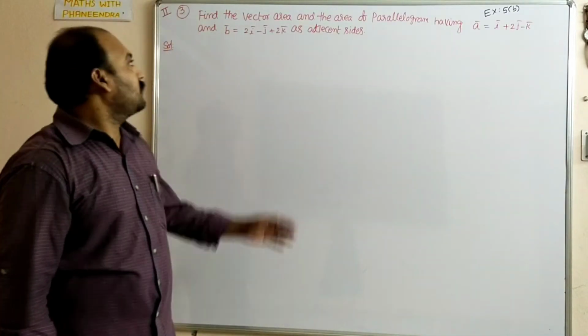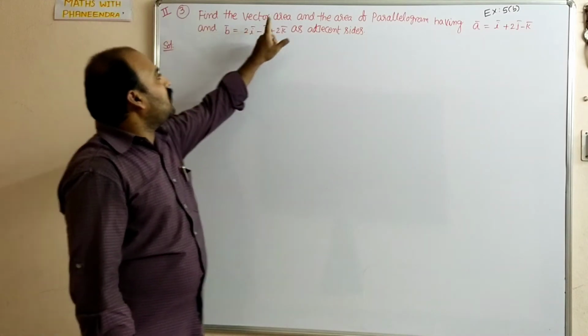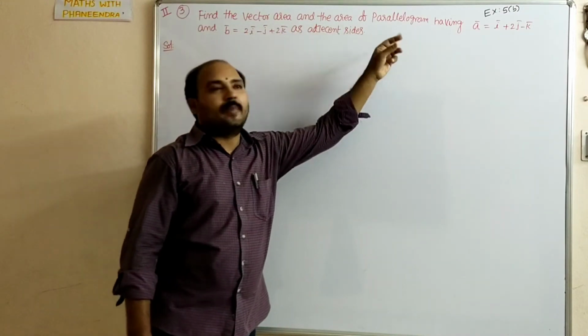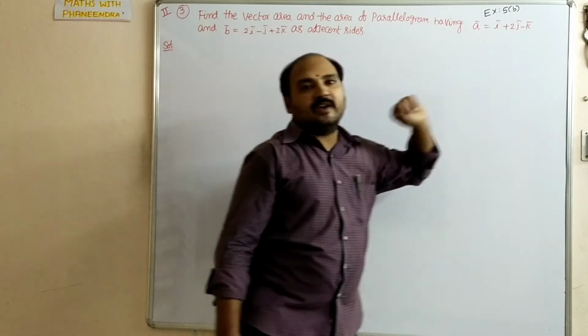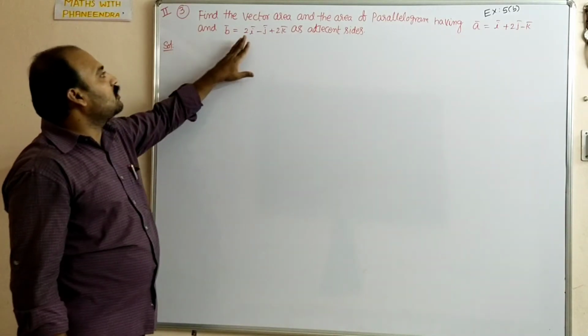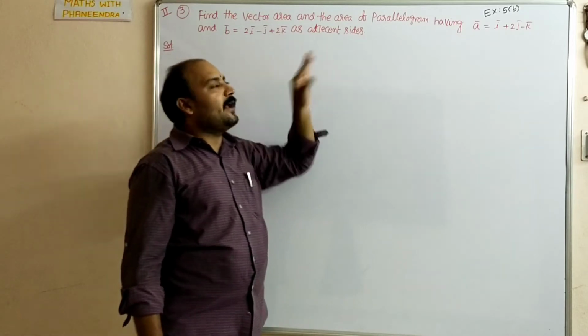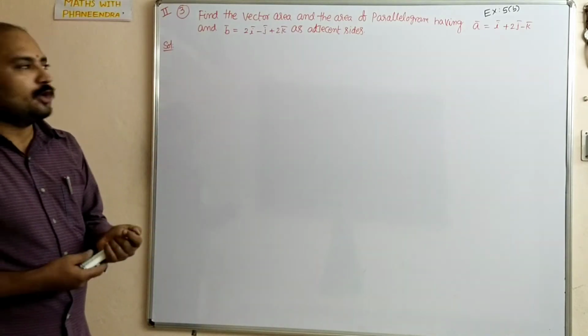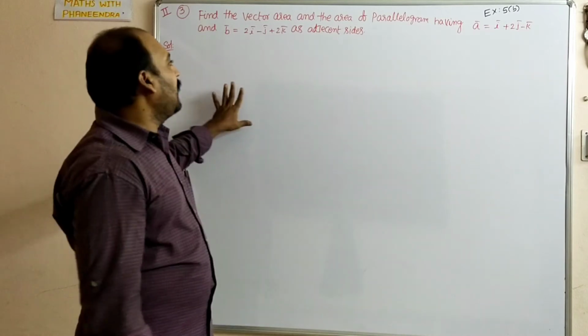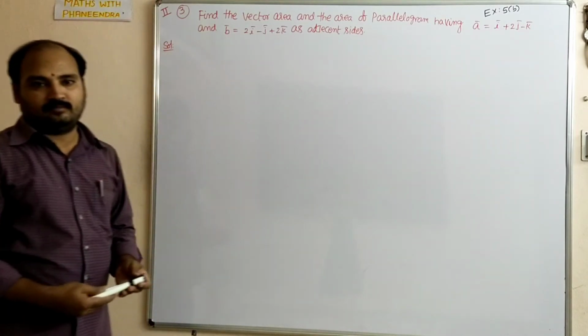The next question. Find the vector area and the area of parallelogram having A bar equal to i bar plus 2j bar minus k bar and B bar equal to 2i minus j plus 2k as adjacent sides. We know that here two formulas I am going to do. First you can calculate A bar cross B bar. Why?